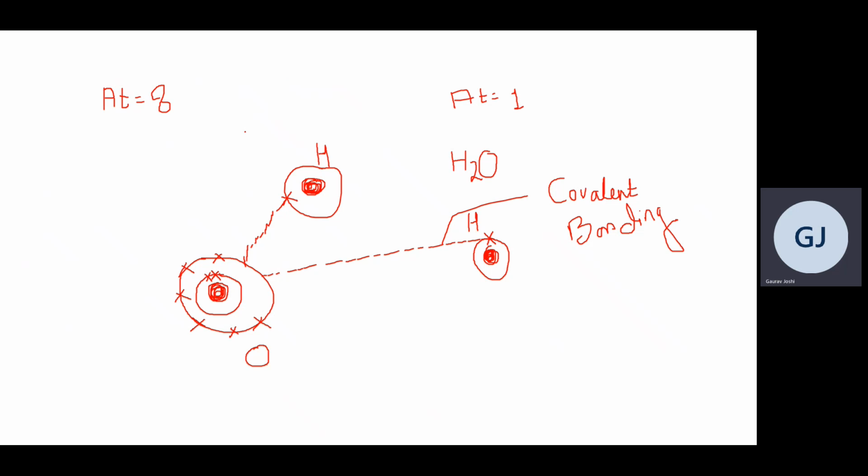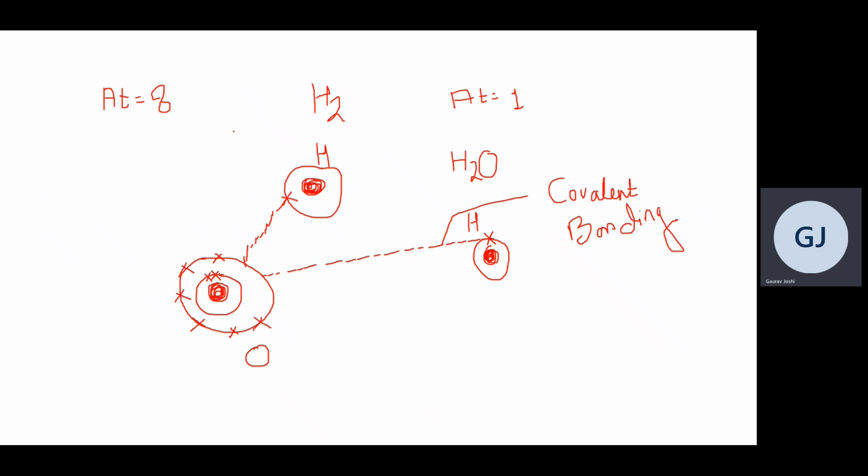But when the sharing of electrons is between the same atoms, it is called non-polar covalent bonding. For example, two hydrogens sharing their electron pairs with each other will form H2. This is a type of non-polar covalent bonding. So this is the general idea.